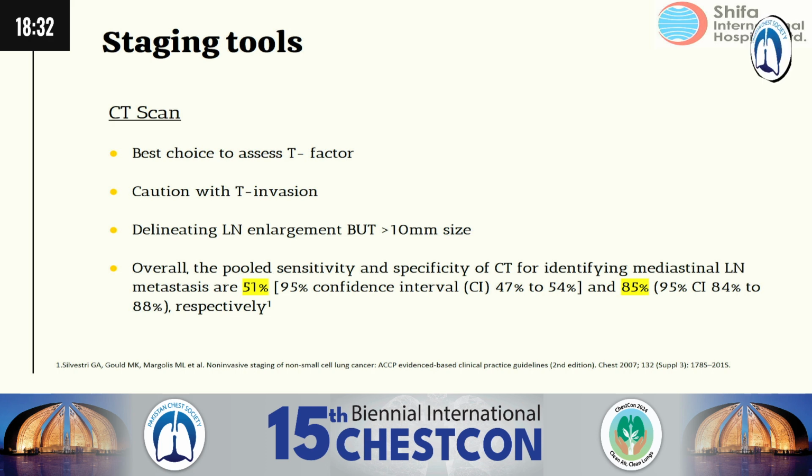There are limitations of CT scan when evaluating the tumor invasion, and in terms of the lymph node assessment, the traditional criteria for the lymph node enlargement is more than 10 millimeter in size on CT scan, which is called enlarged. So we know from the evidence that the pooled sensitivity and specificity of CT for identifying mediastinal lymph node metastasis is not great. It's about 50% sensitivity and about 85% specificity.